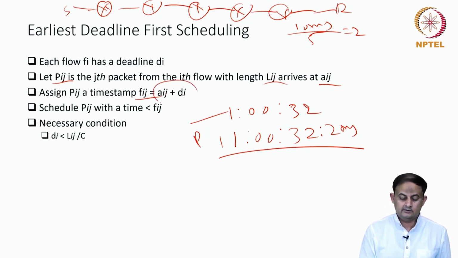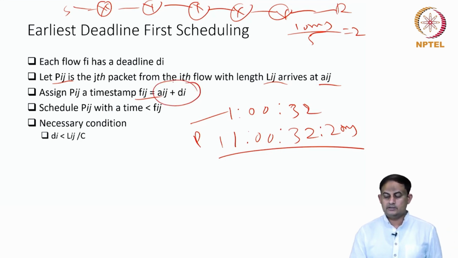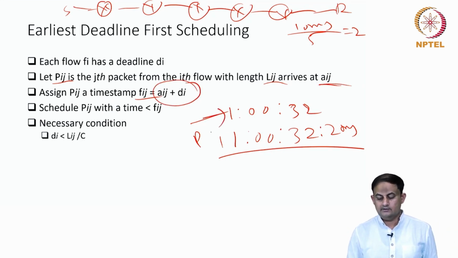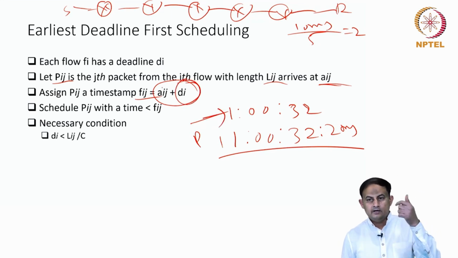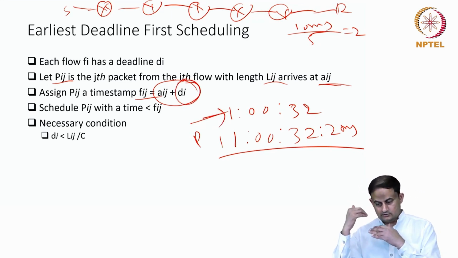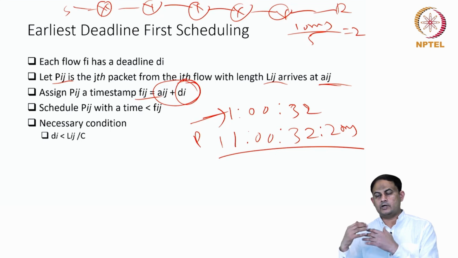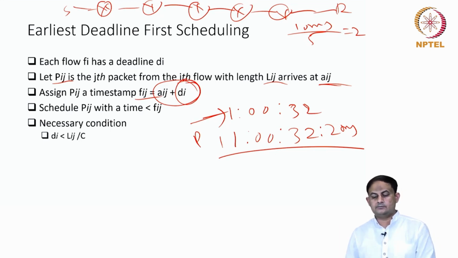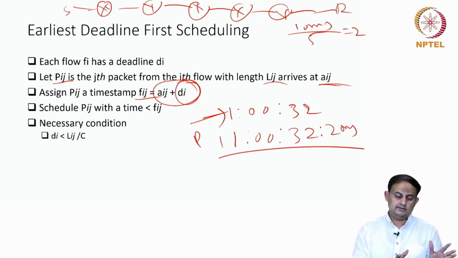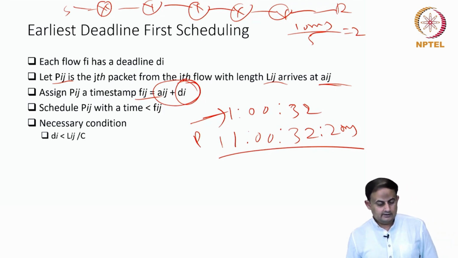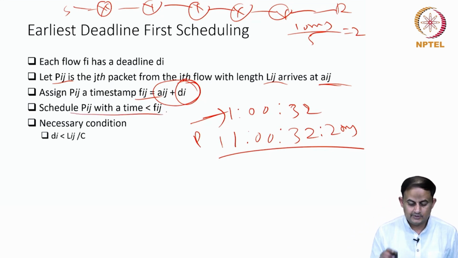How did we arrive at it? The timestamp at which the packet has arrived plus whatever the deadline dij is, the delay you can afford at each router, I add these two and assign this number, and a schedule is feasible.